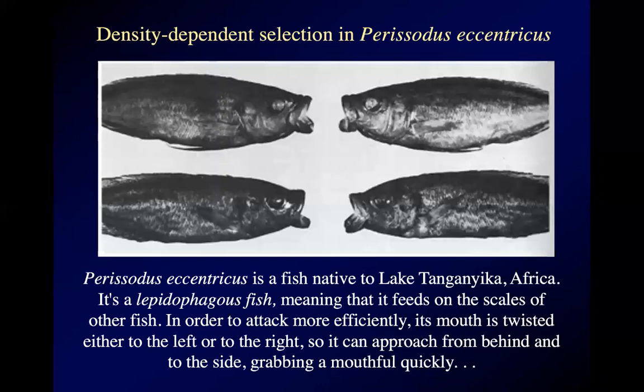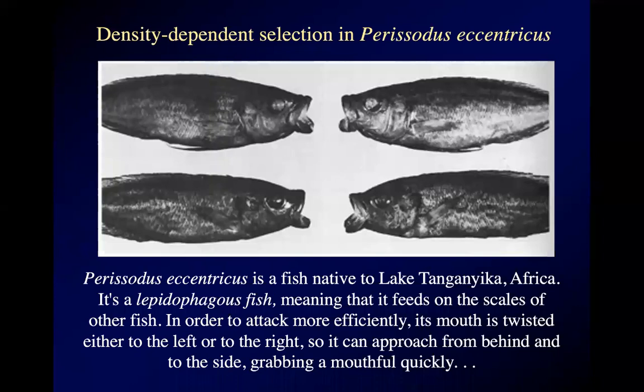from Parasotus eccentricus. It's kind of hard to see in these pictures, but Parasotus is native to Lake Tanganyika in East Africa. And it has a rather odd feeding strategy. It's called lepidophagy, which refers to fish that eat the scales of other fish.